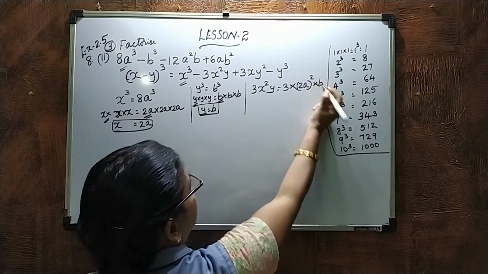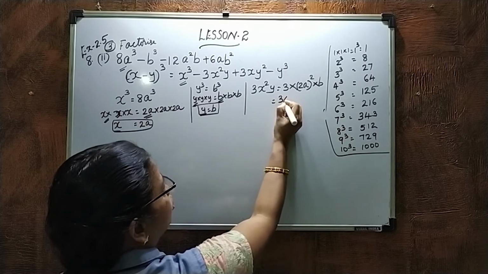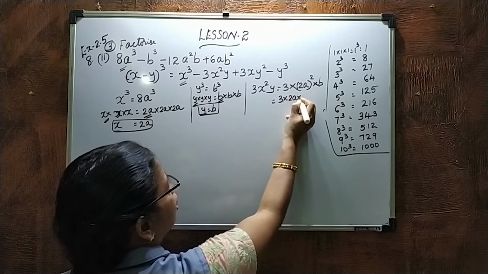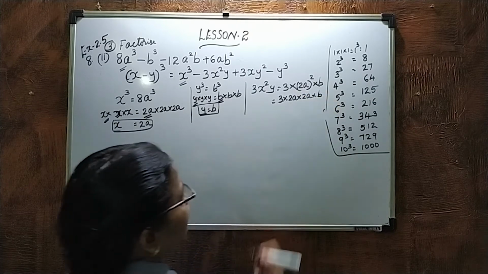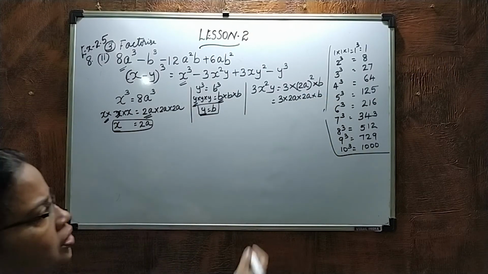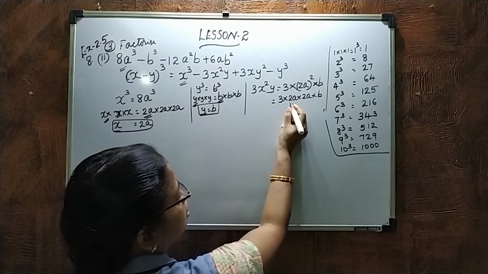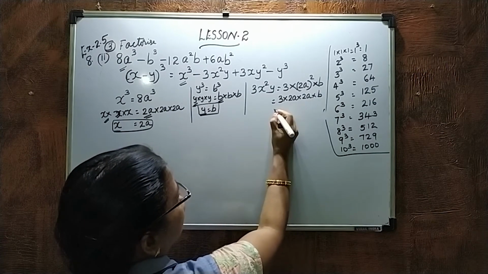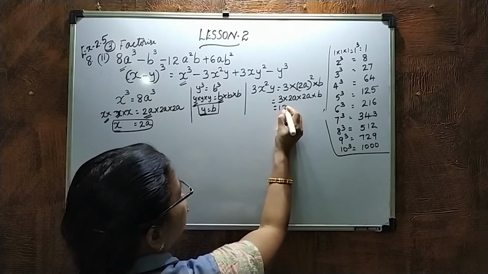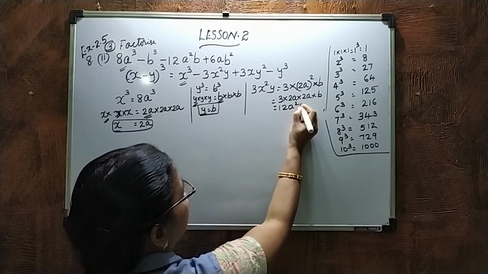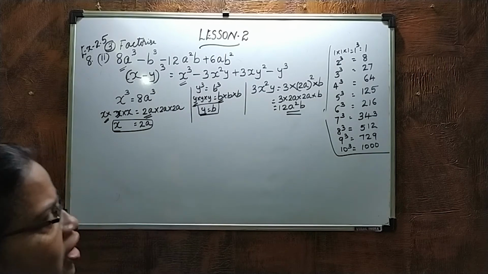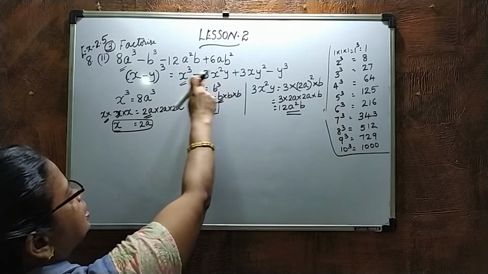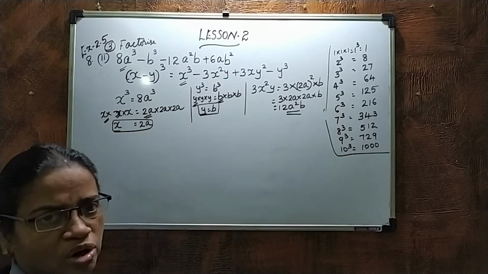It is b. 3 into 2a square means 2a into 2a, then into b. It is 3 into 2, 6. 6 into 2, 12. It's equal to 12a square b. Minus 3x square y means minus 12a square b, you got.